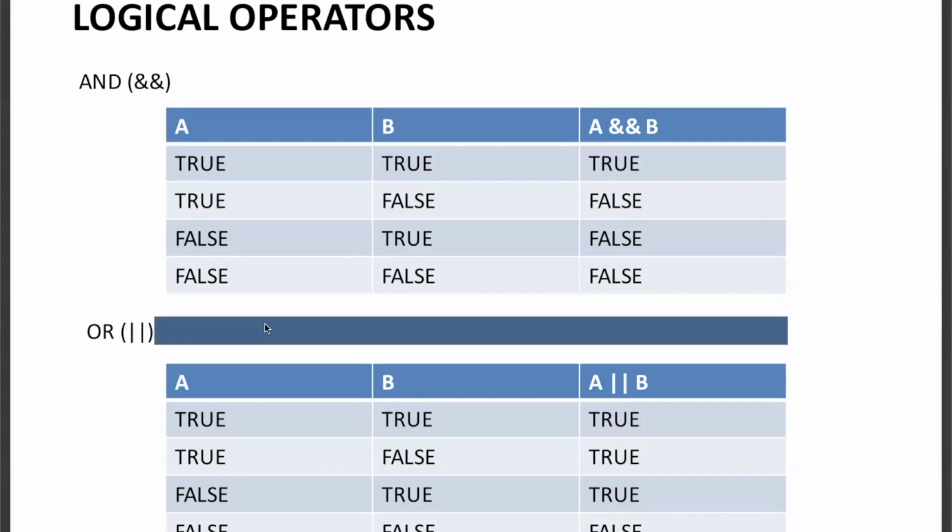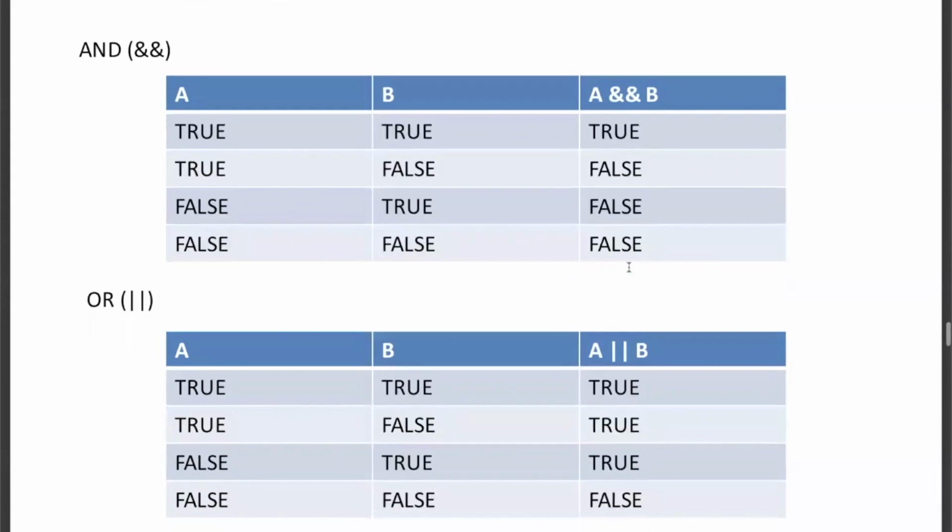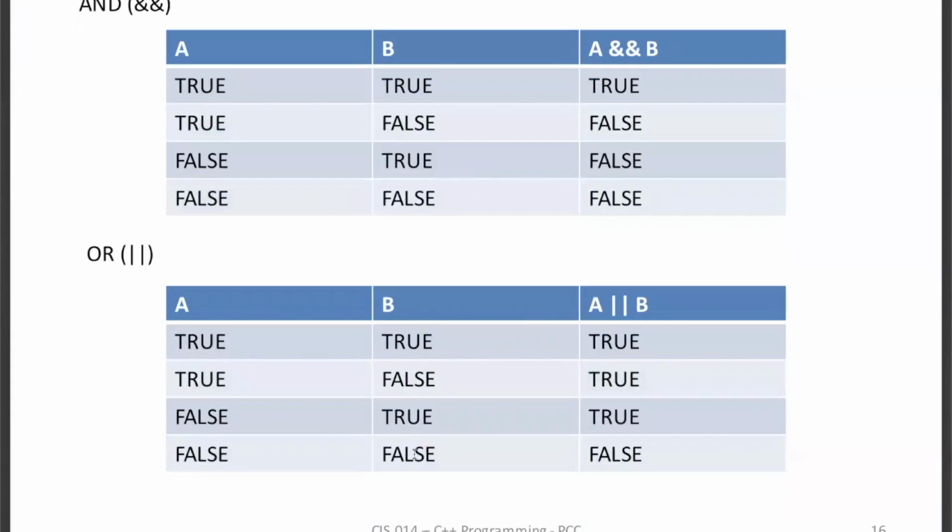You should understand true and true evaluates to true. False and true is false. If either one of them is false, the AND operator is going to give you false. You pretty much have to have true on both sides to get true. But OR is either or. So true, true gives you true, true or false gives you true, false, true gives you true. So you should review these.